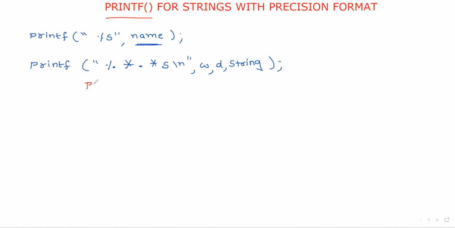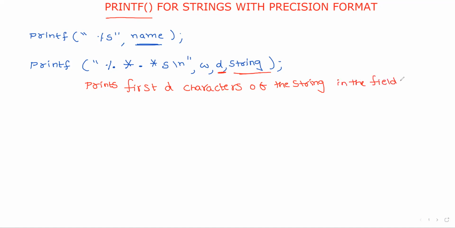Simply, it prints the first d characters. Here I am specifying d, so of the string we are passing, it will consider only the first d characters. Then what is w? w is the field width.